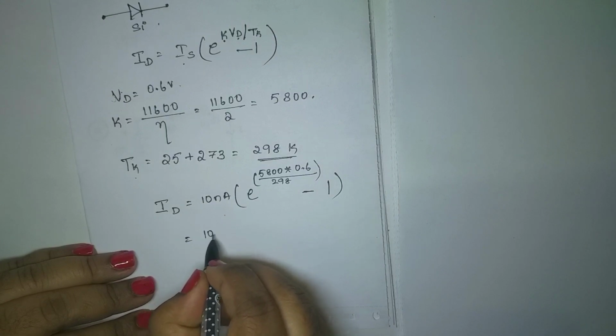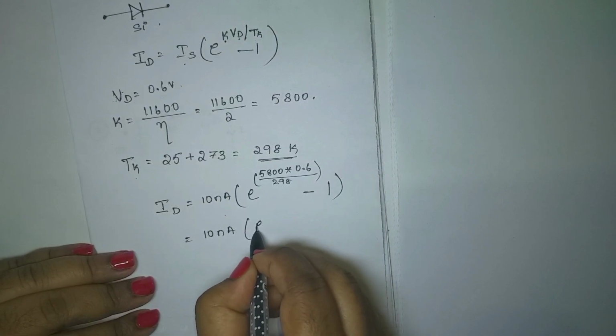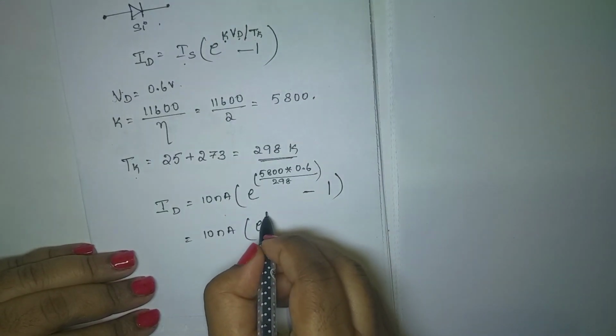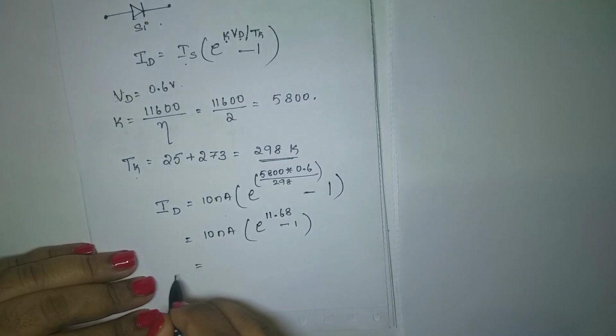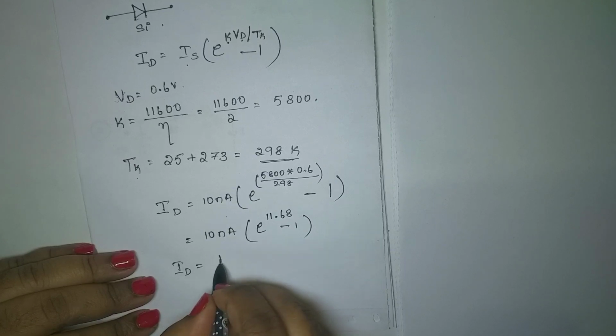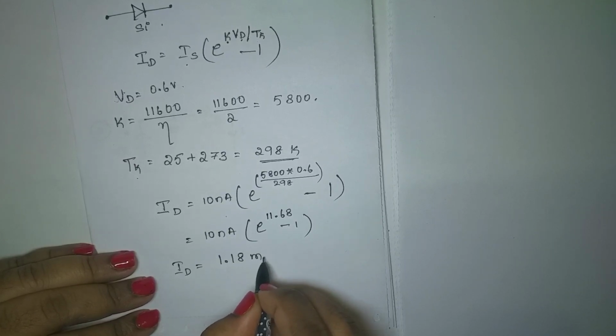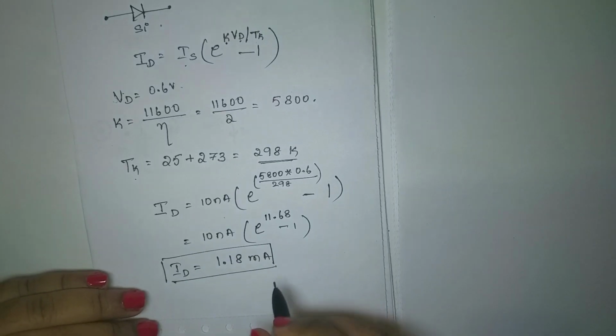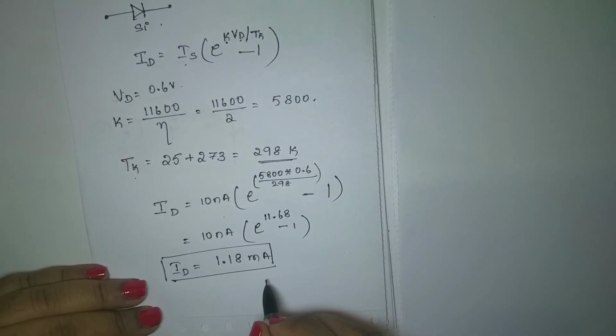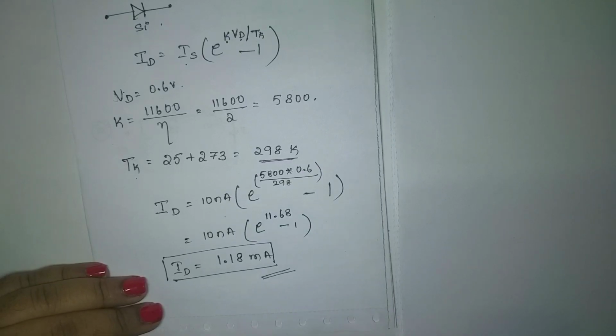So which is 10 nanoamps into e power... this value is 11.68, minus 1. So ID is equal to 1.18 milliamps. If you use the calculator and calculate it, you will get the value of 1.18 milliamps. Okay.